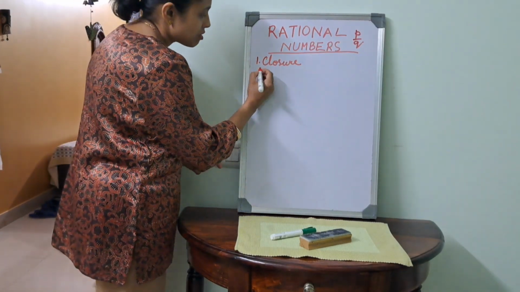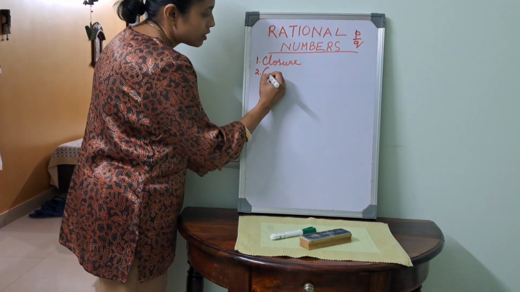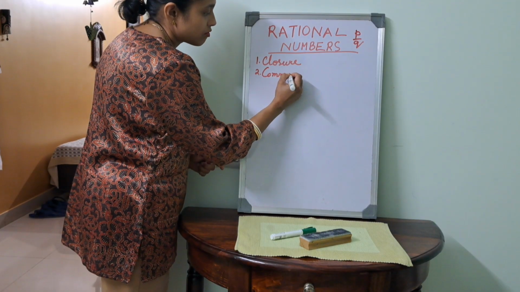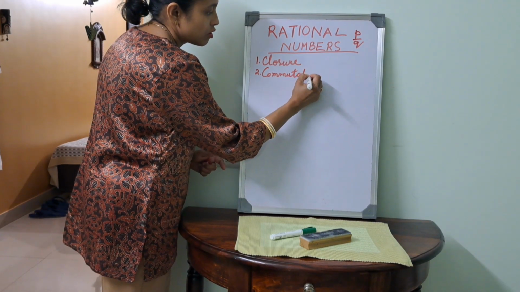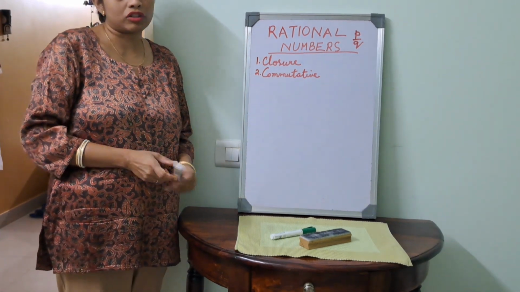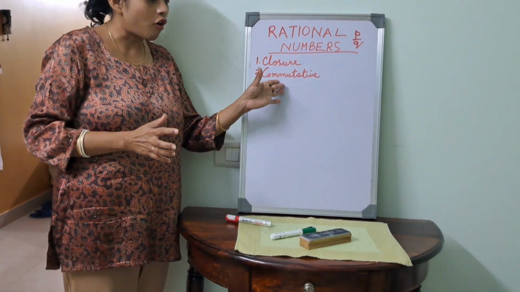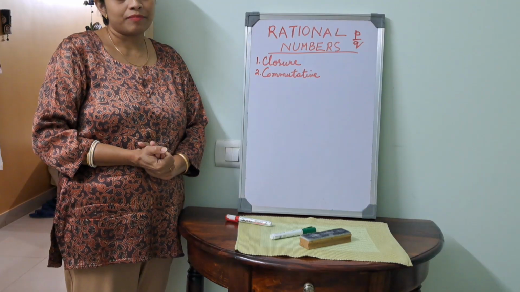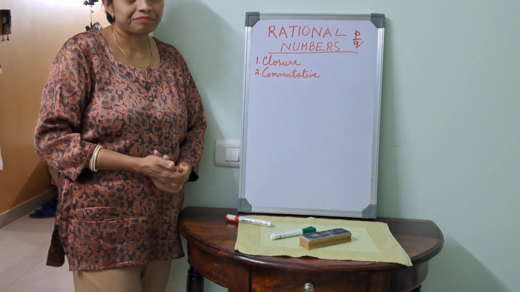The second one is the commutative law of addition and multiplication, which is applicable for rational numbers. Right?